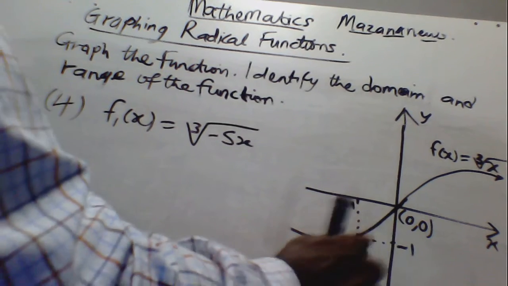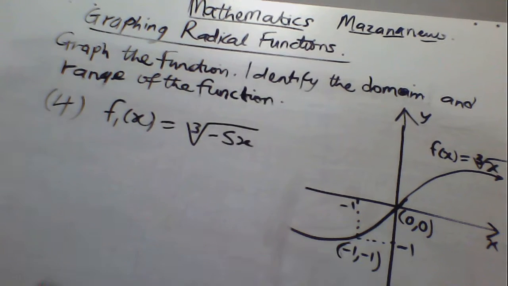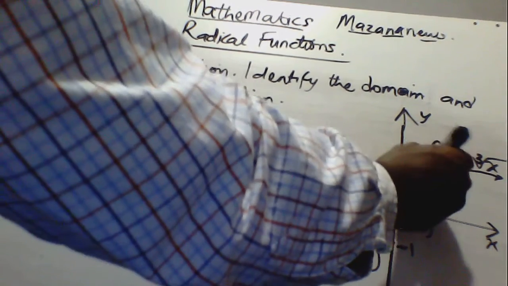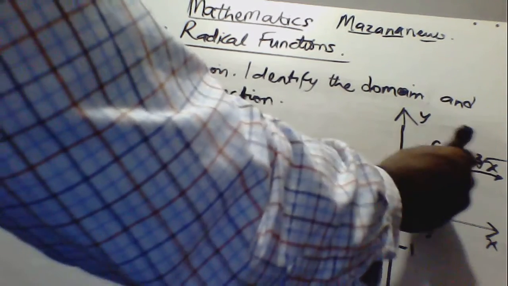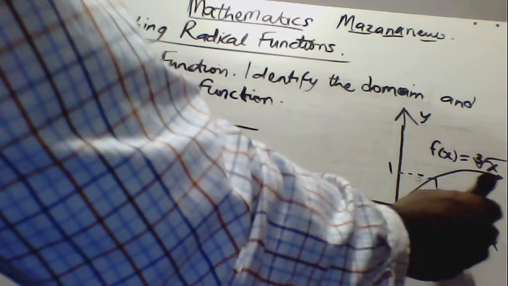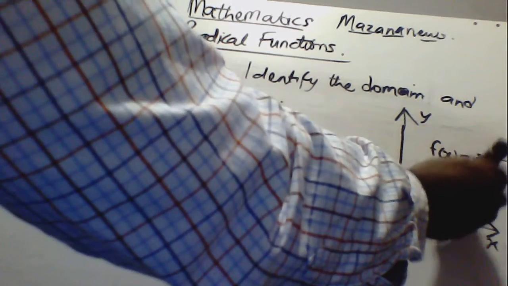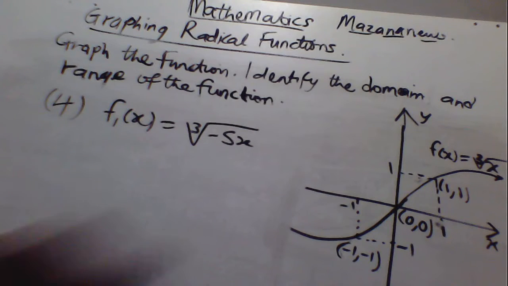So the intersect on this point will be minus 1, minus 1. If here is, let's say, 1, and you come to this part, if here is 1, here will be 1. At this point, we have 1 and 1. This is the parent's graph.